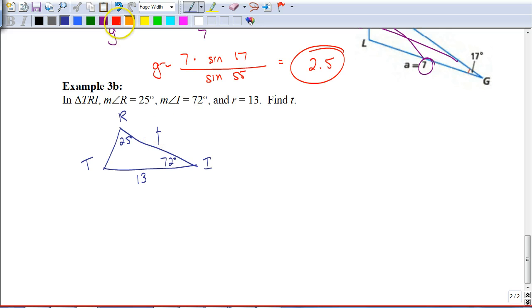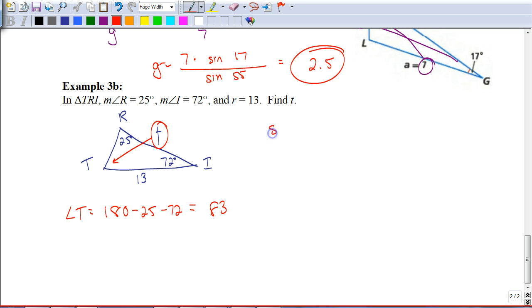So again, I'm trying to find this side that's across from this angle. To figure out what angle T is, we're going to have to subtract what we know from 180. So it's going to be 180 minus 25 minus 72. When you do that, you get 83 as your answer.